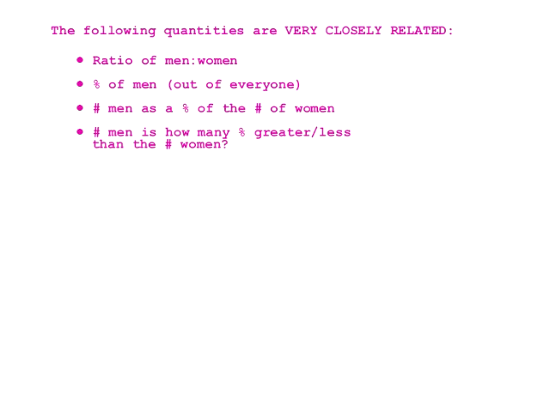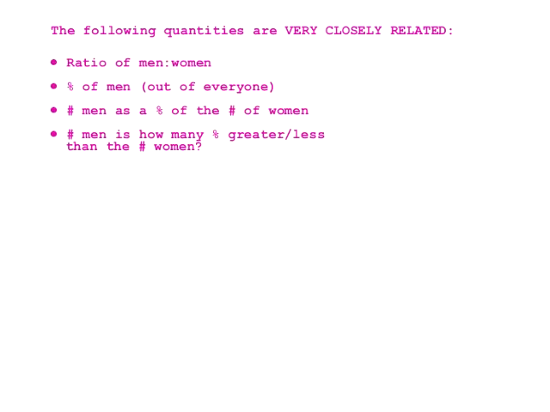All of these, if one of these things increases, then all of them will increase. And if one of them goes down, then they will all go down. So, for instance, if you have a ratio of 3 to 2 men to women, then 3/5 of everyone is men, because you could separate them into groups of 3 and 2.